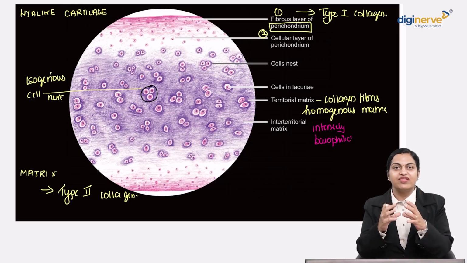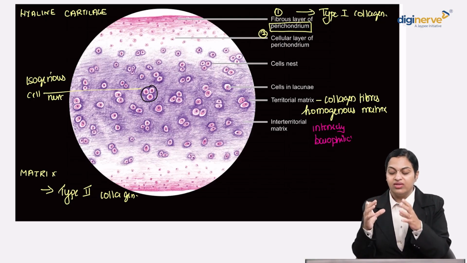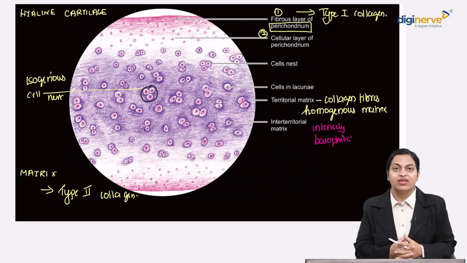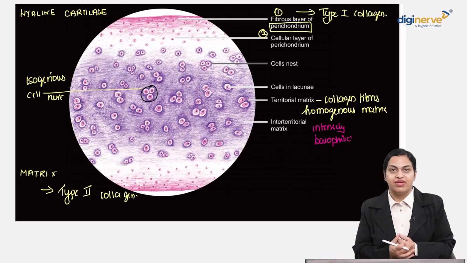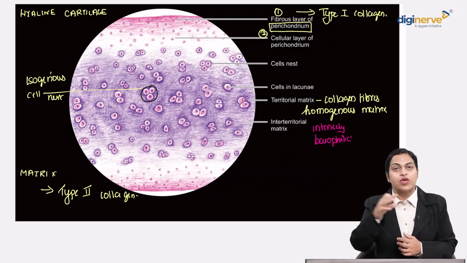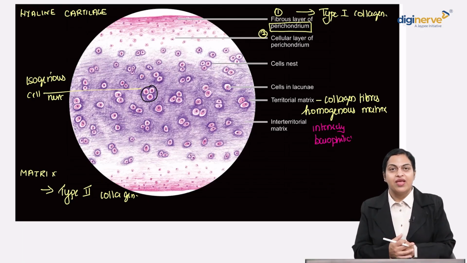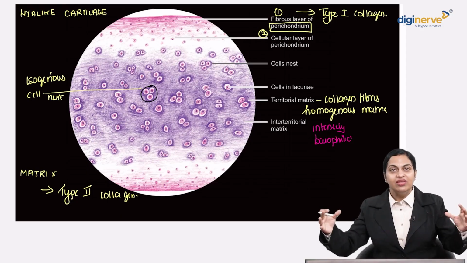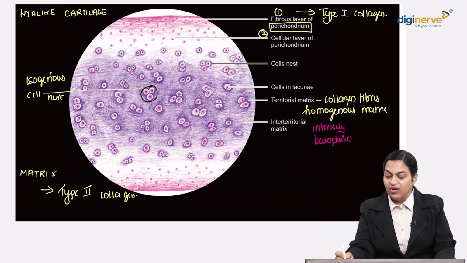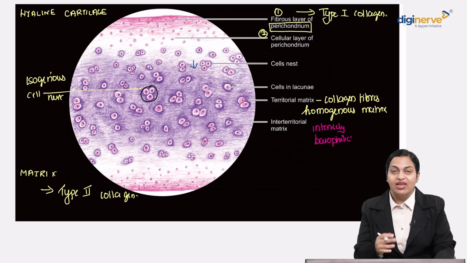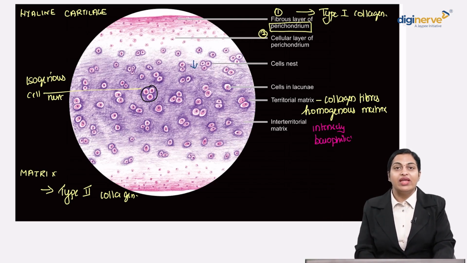The matrix that immediately surrounds one newly formed cell is called capsular matrix. The matrix that surrounds the isogenous cell group is called territorial matrix, which is less basophilic. And then between the isogenous cell nests, it is also less basophilic. That is called interterritorial matrix.